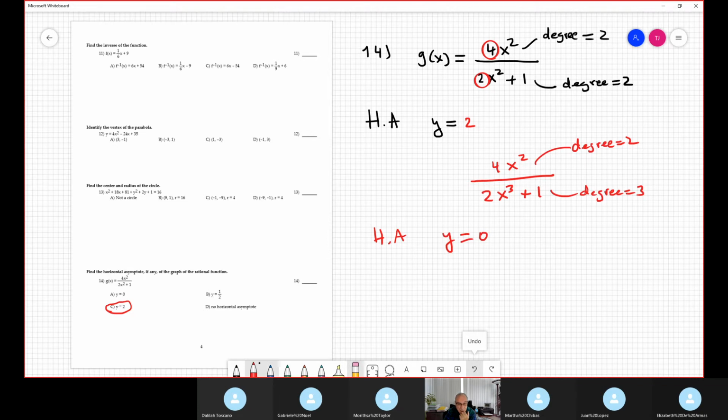The reason is clear: the degree 3 polynomial increases faster than this one. Both are increasing, but the bottom is increasing faster. In the original case, they increase at the same rate of change, so they are in equilibrium, and the dominant terms are 4x squared and 2x squared, while the other term is completely negligible. So you take 4x squared divided by 2x squared. The x squared cancels, 4 divided by 2 is 2. Done. Horizontal asymptote.